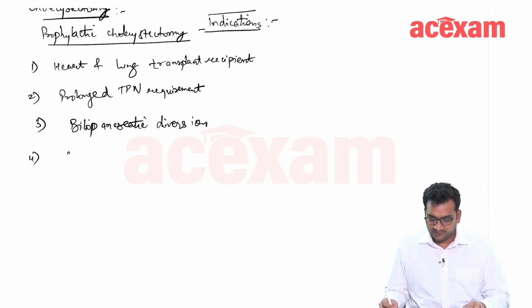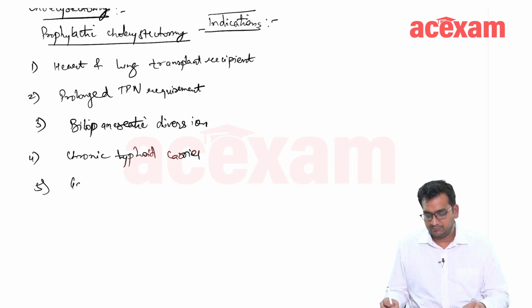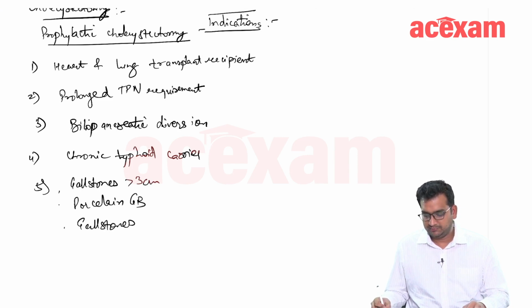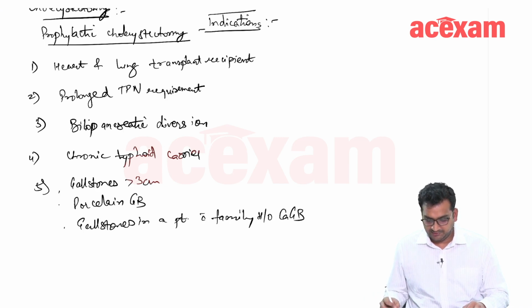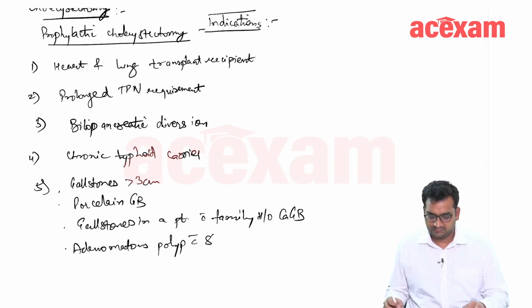In patients with chronic typhoid carrier, if there are gallstones more than 3 centimeter, porcelain gallbladder, gallstones in a patient with family history of carcinoma gallbladder, and in patients with adenomatous polyps with stone, and in chronic hemolytic conditions.